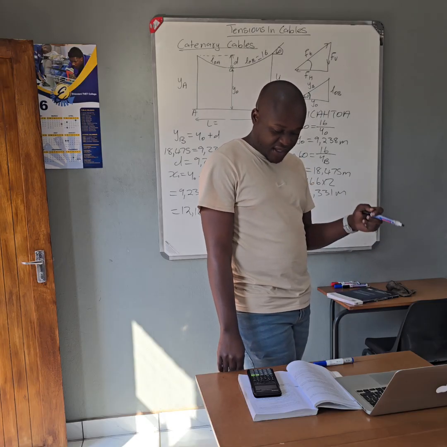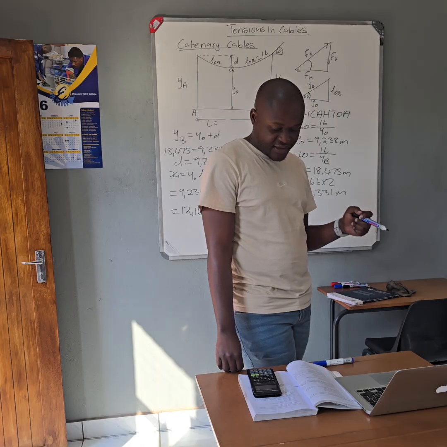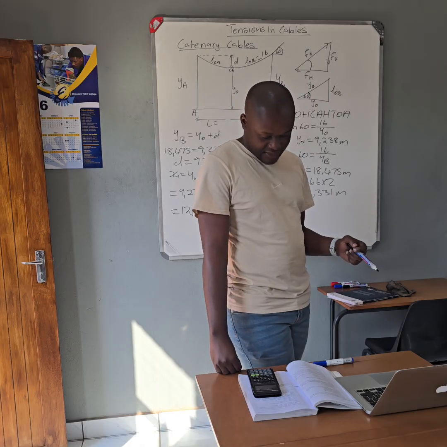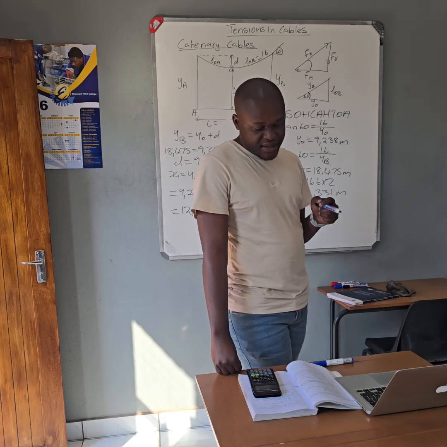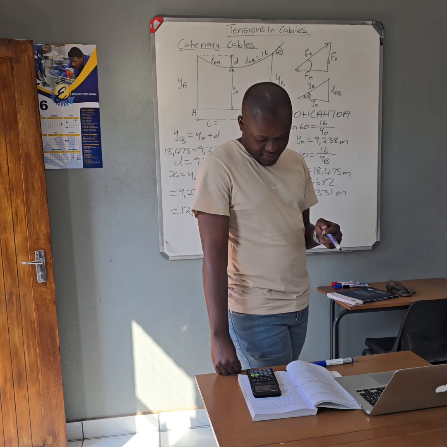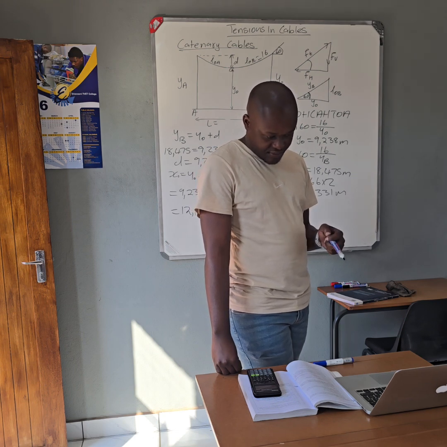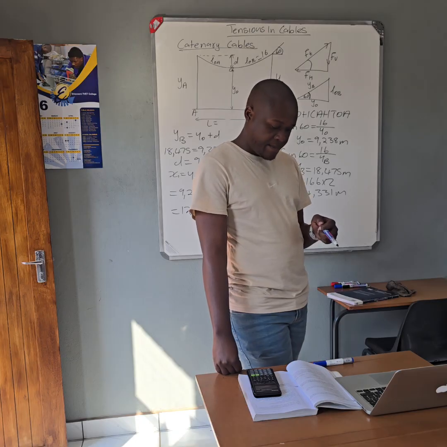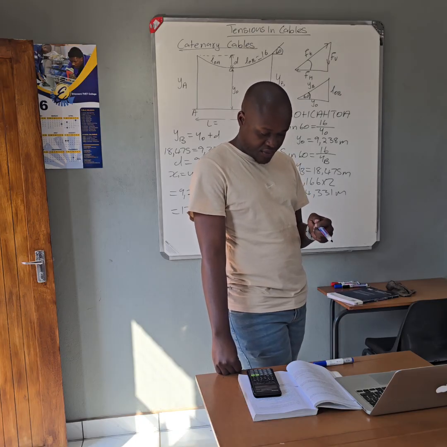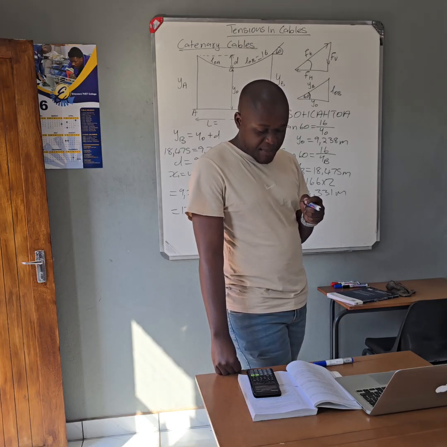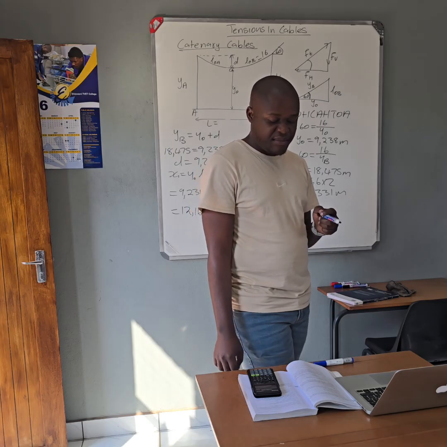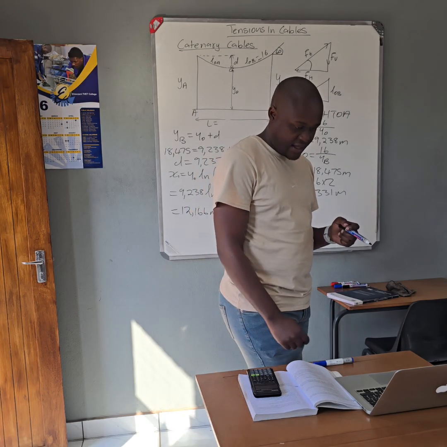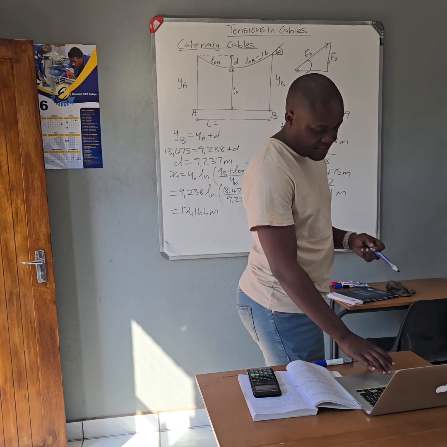The weight of the cable is 8 newtons per meter. The minimum tension in the cable is 200 newtons. Calculate 3.1, the maximum and minimum tensions at the support.